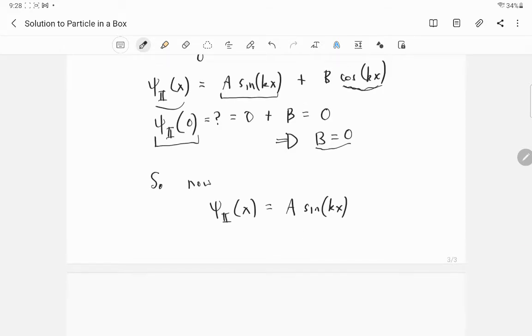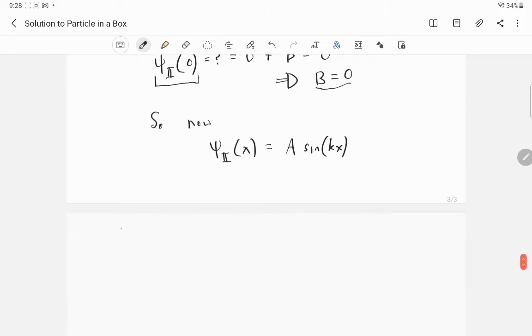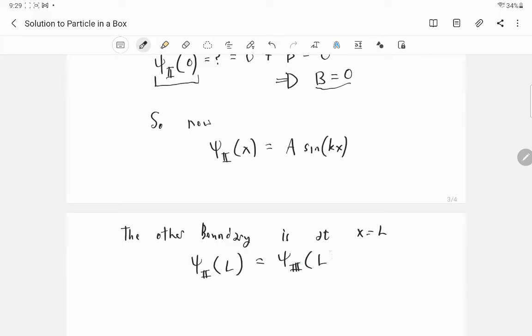So let me show you something really cool. The other boundary is at x equals L, where the region 2 wave function at L has to be the same value as the region 3 wave function at L, right?